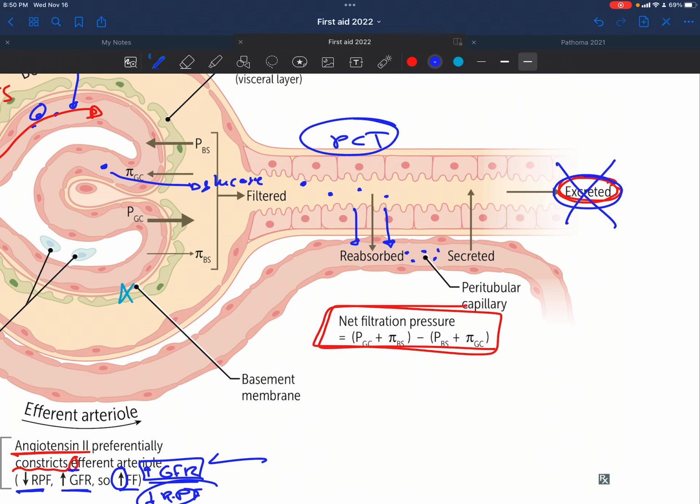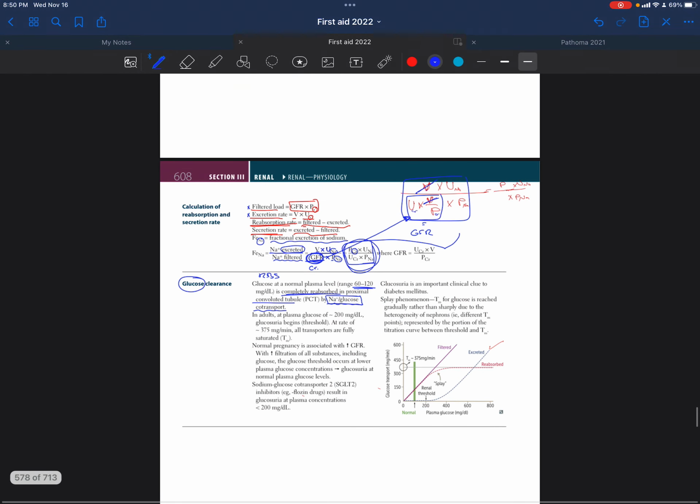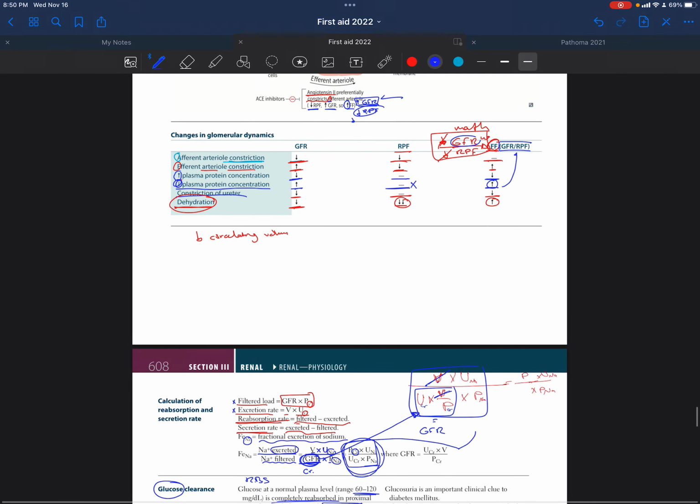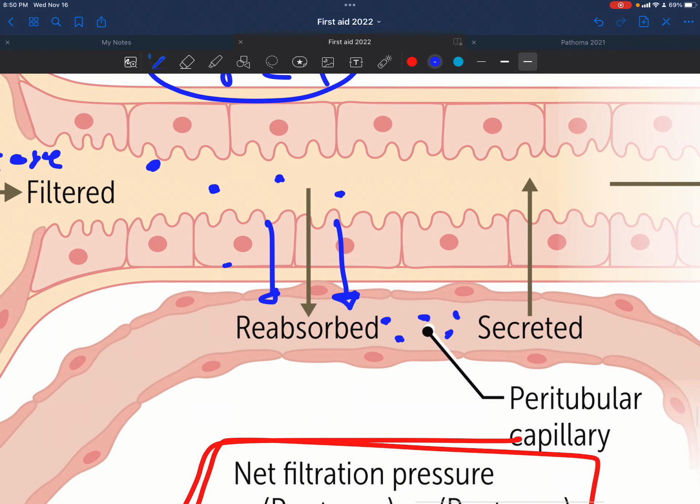So we don't excrete glucose at all under normal conditions, of course, except for pregnancy, and we'll talk about that now. The way we do it, we have some channels over here in the wall. They're called sodium glucose cotransporters. So they transport sodium and glucose at the same time.